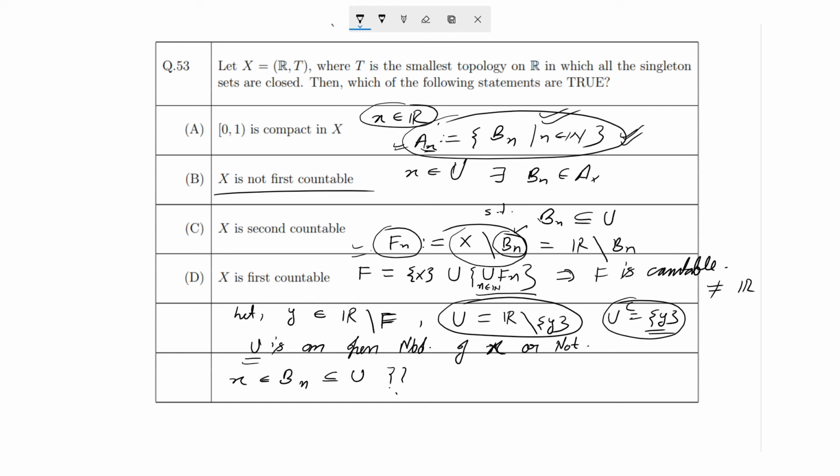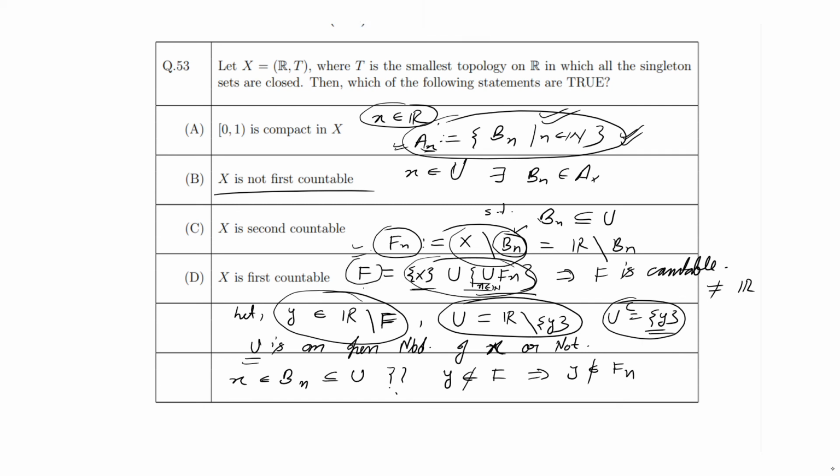So for this we can clearly see that Y does not belong to F. Why? Because we are considering Y from F complement. This implies that Y does not belong to Fn. Why? Because F is the union of all these things. If Y is not in F, it means Y is not in this, not in this.